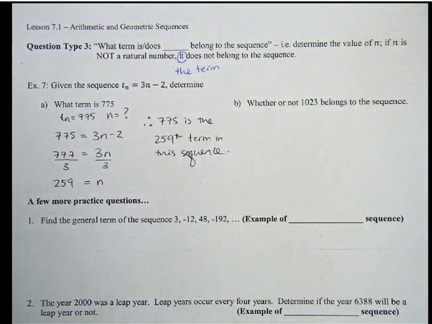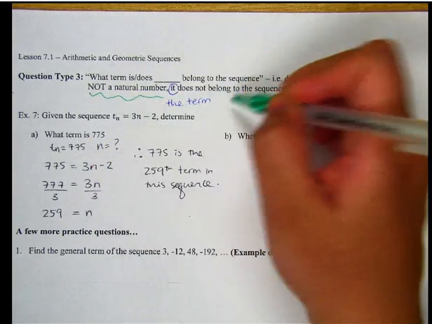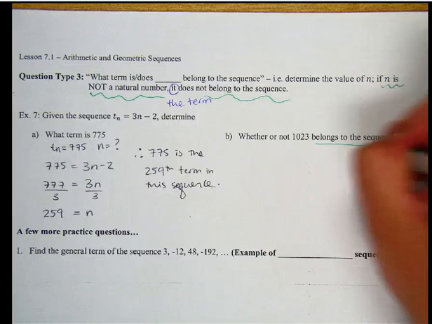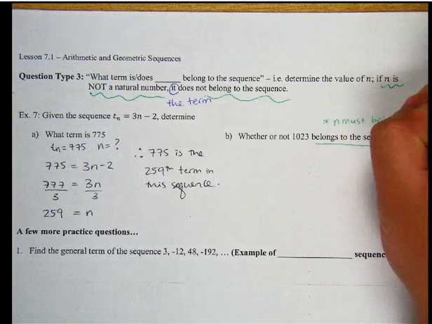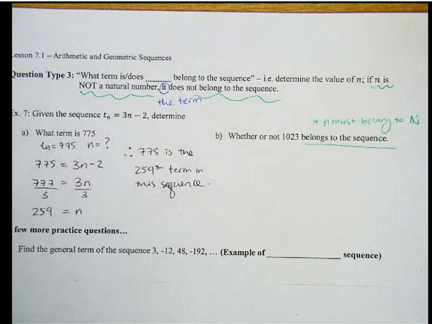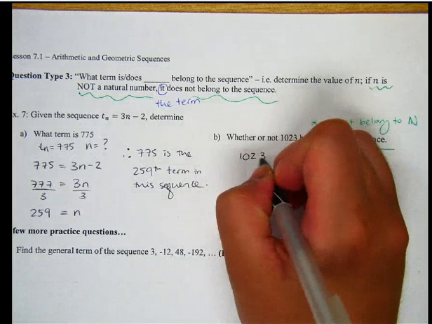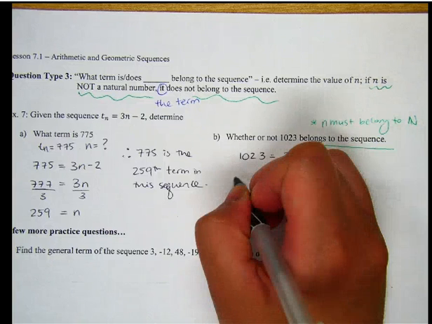For part B, whether or not 1023 belongs to the sequence. So again, we need to remember n must be a natural number. So n must belong to the set of natural numbers. All right, so do the same thing as in part A. Sub in 1023 for Tn and solve for n.